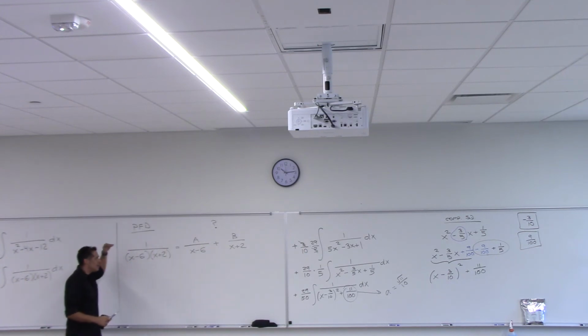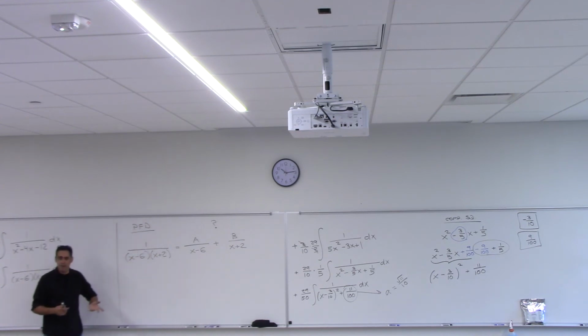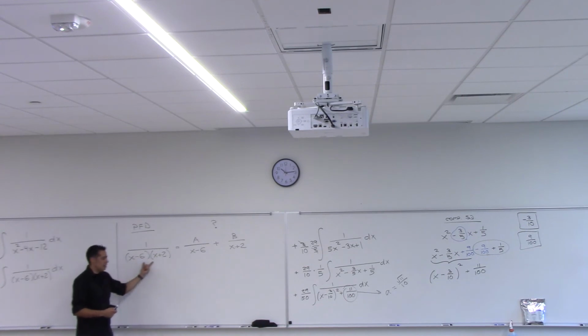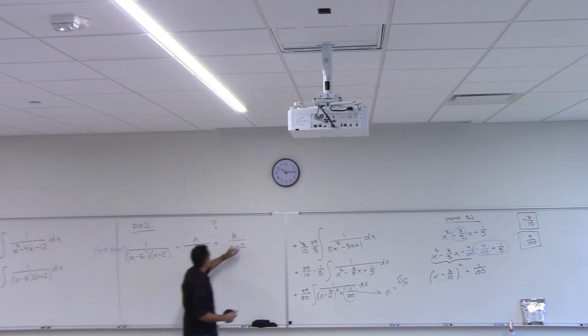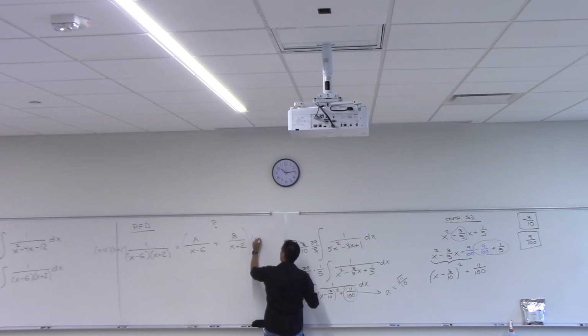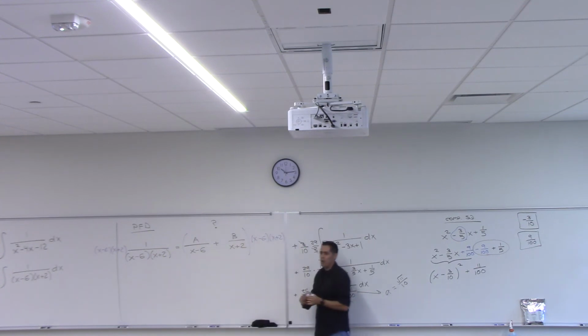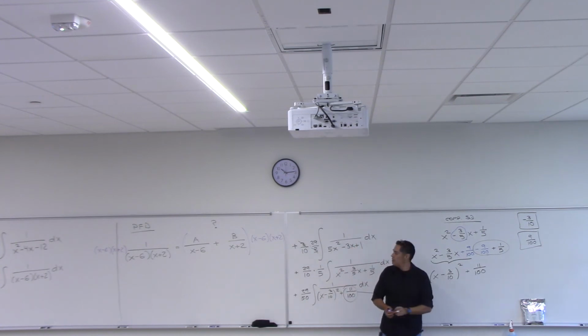We're going to multiply the left side and right side by the LCD, the least common denominator, which in this case is that right there. So we're going to multiply the left side by those two terms, and we're going to multiply the right side by those two terms. I am actually, right now, doing the procedure of partial fraction decomposition. I'm trying to solve for A and B.